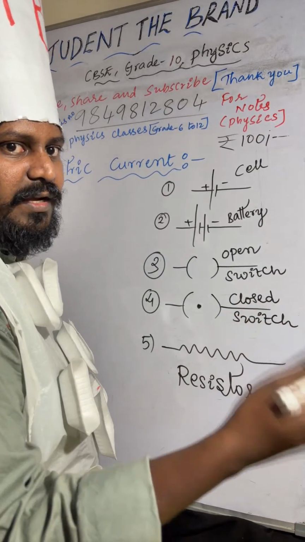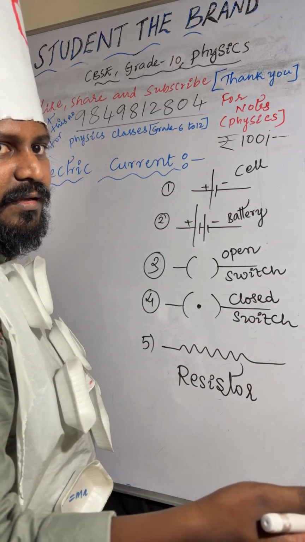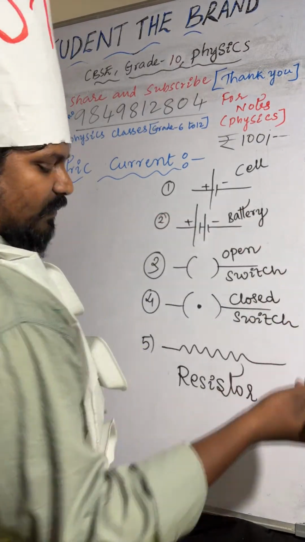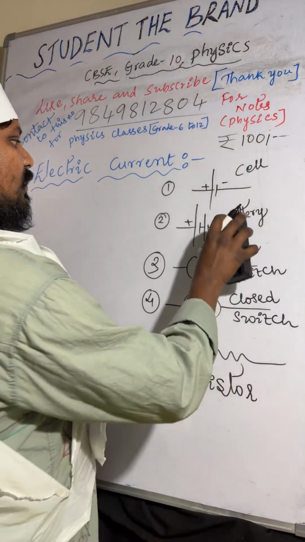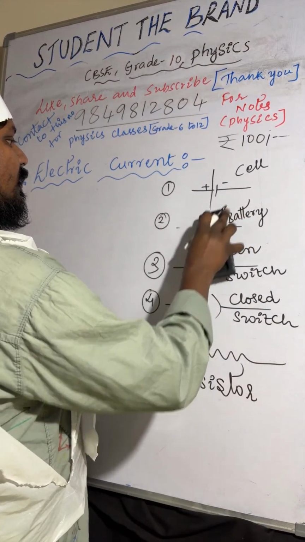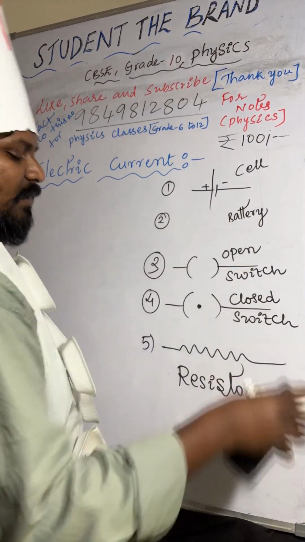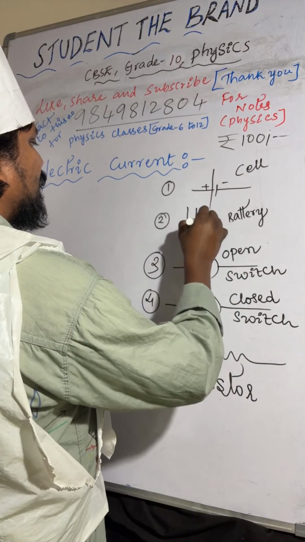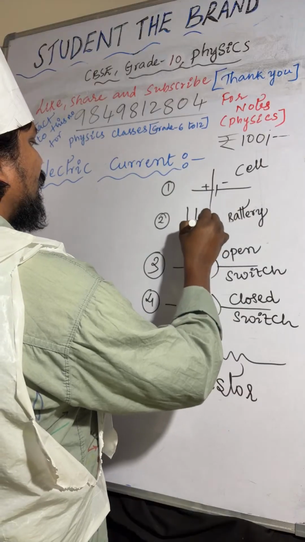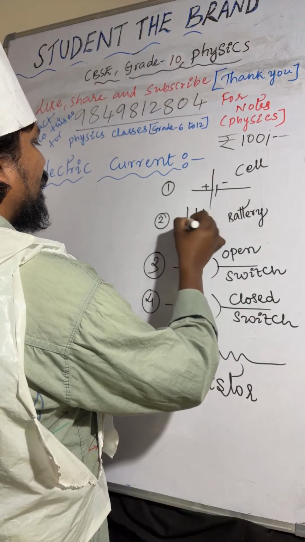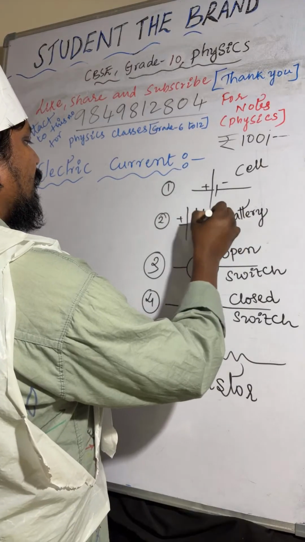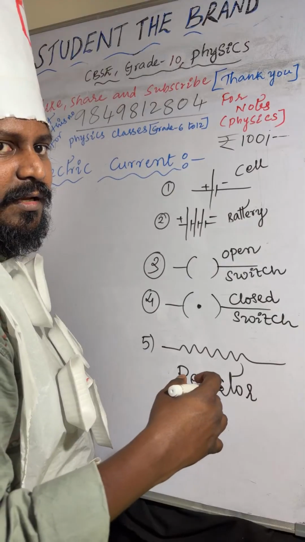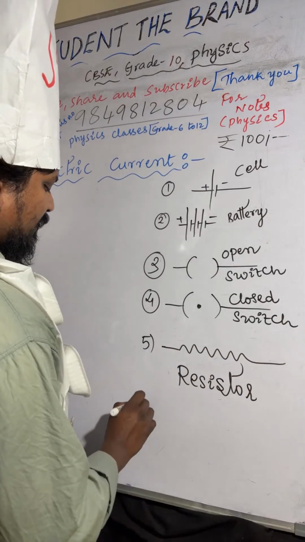So 2, 4, 5 can be taken. So I'm taking more than 3 cells like this, 1, 2, 3. So open switch, closed switch, and resistor.